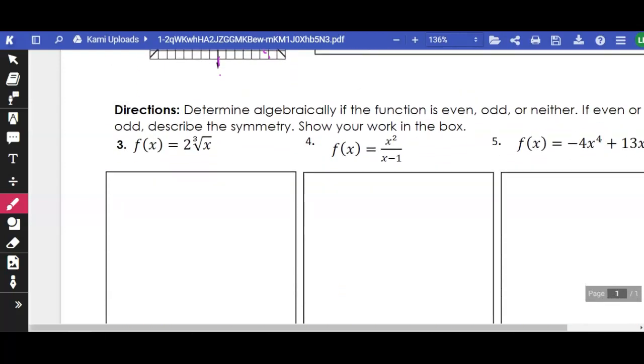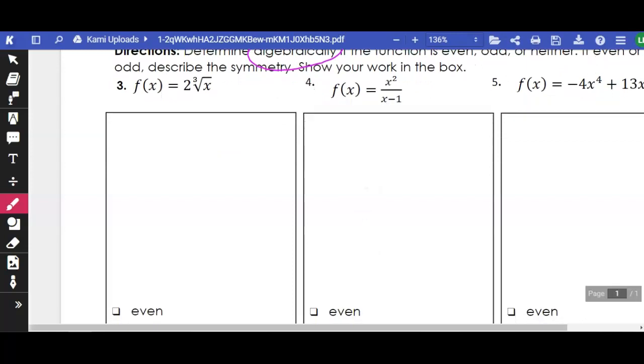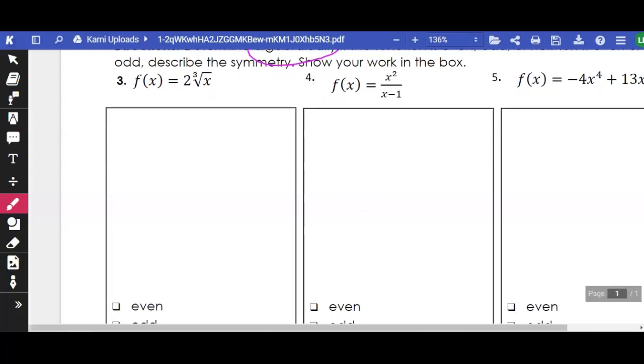Now this says to determine algebraically if the function is even, odd, or neither, and if even or odd, we have to describe the symmetry. So to figure out algebraically if it's even or odd, I have to find f of negative x. So that's going to equal 2 times the cube root of negative x. That is 2 times the cube root of negative 1 times x. So I can take the cube root of negative 1.